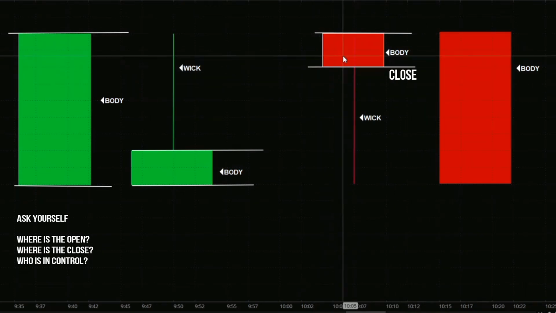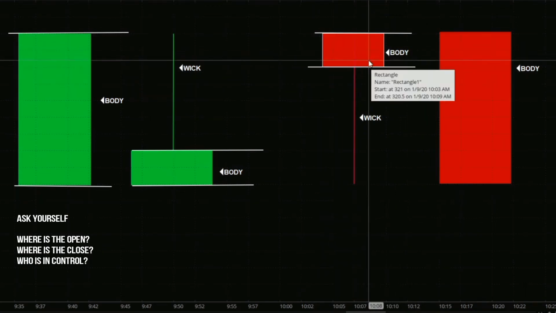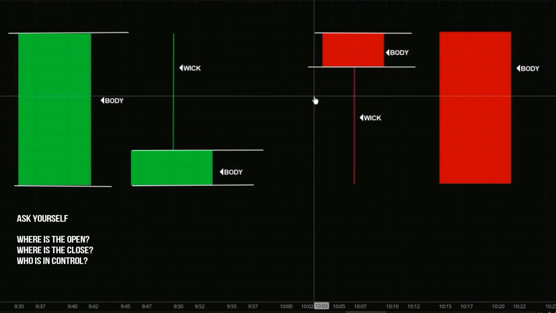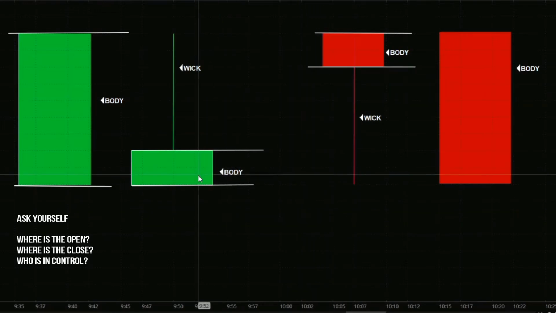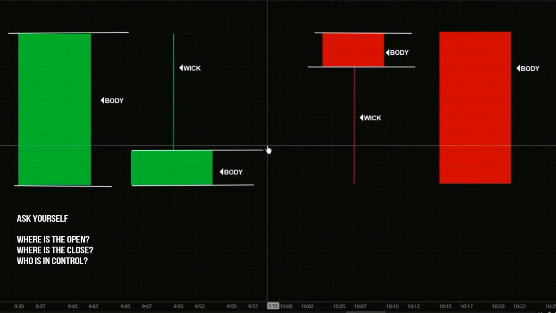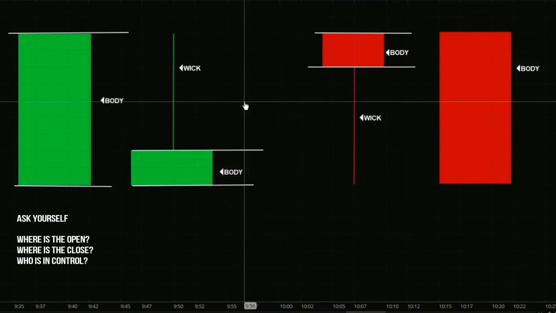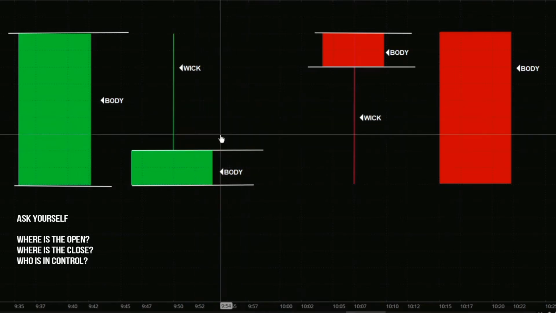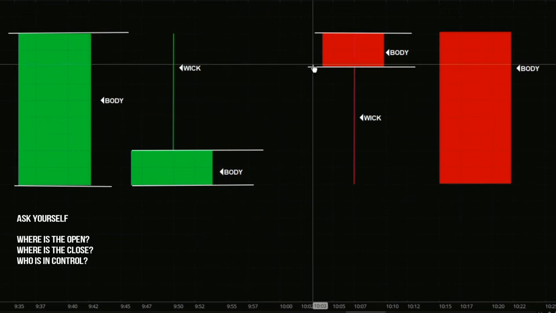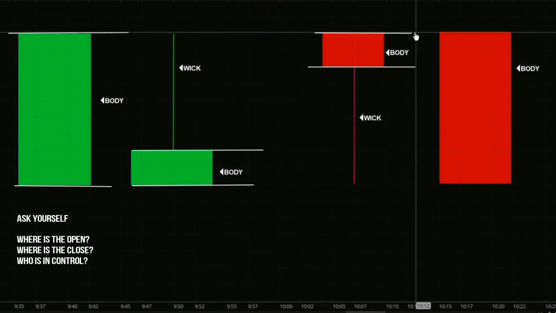If the close of the candle is lower than the open, the body will always be red. And if the close of the candle is higher than the open, the body will always be green. How strong the buyers or the sellers are at any particular time will be shown by the close of the candle. So again, we opened here.